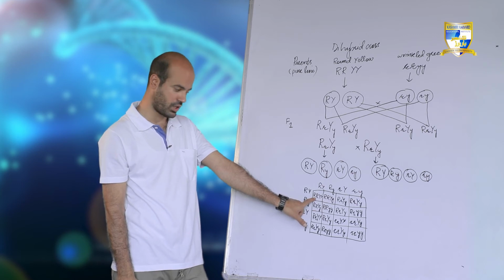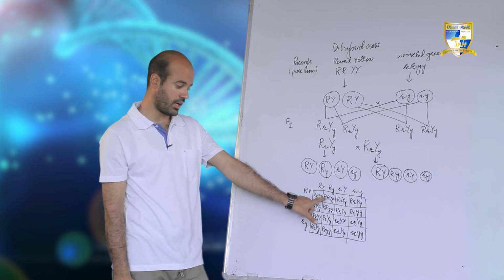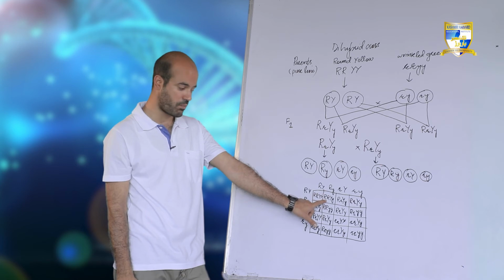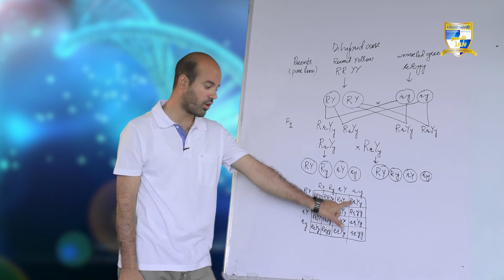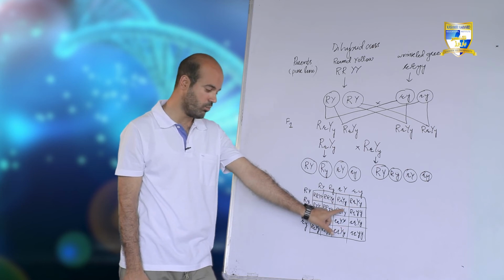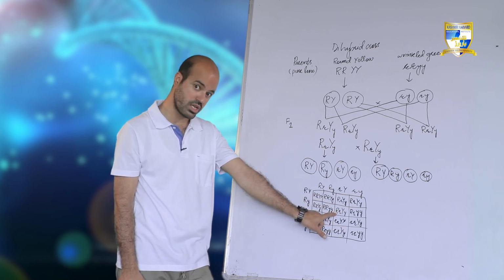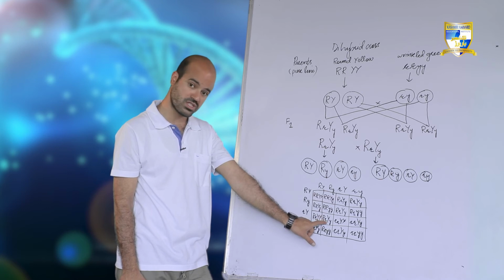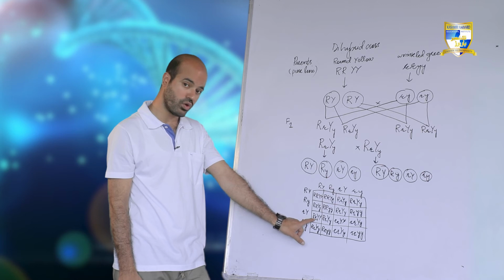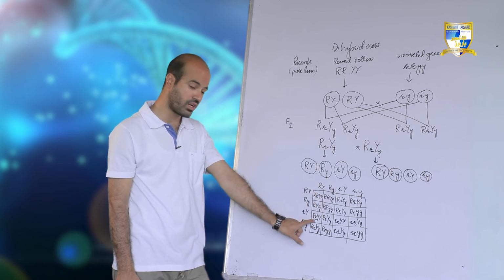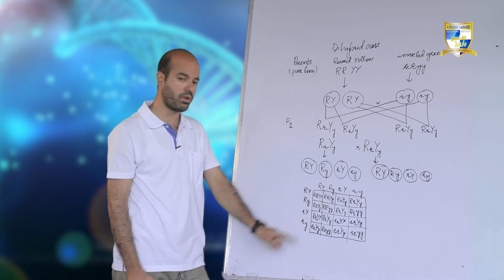round shape and yellow color. Again the same round shape and yellow color of seeds. Then moving in cross, round and yellow seed plants, and again going upwards, round and yellow plants.